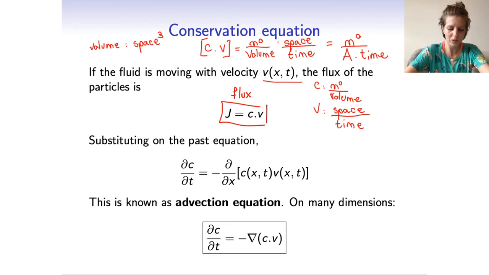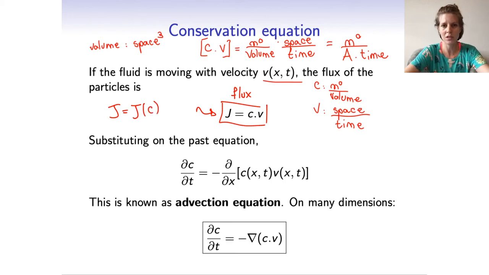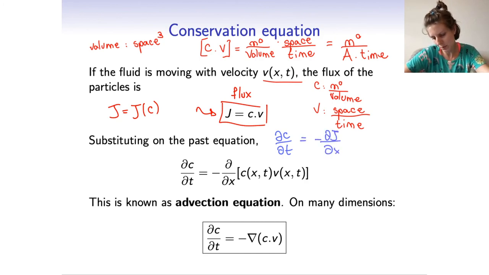So substituting this, now we have a function. We can define the flux as depending on the concentration C, and then we can substitute in the equation that we got before, which was del C del T equal minus del J del X plus or minus sigma.